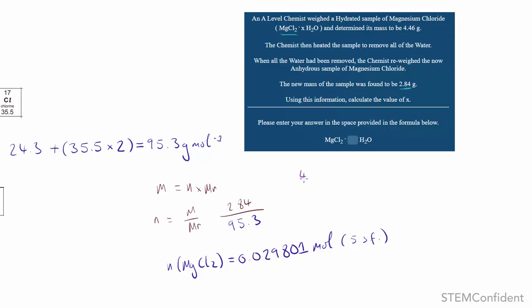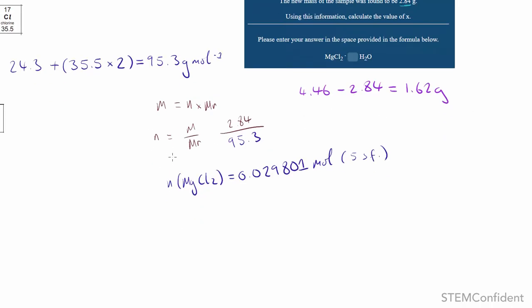So 4.46 minus 2.84, and this is going to give you the mass of the H2O. If you do that, you get 1.62, and that's going to be in grams. And so this is the mass we're going to use in this same equation.